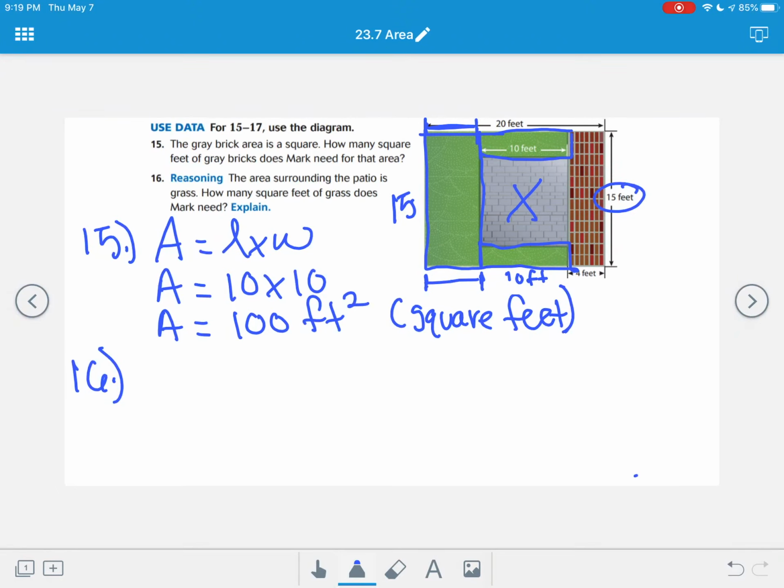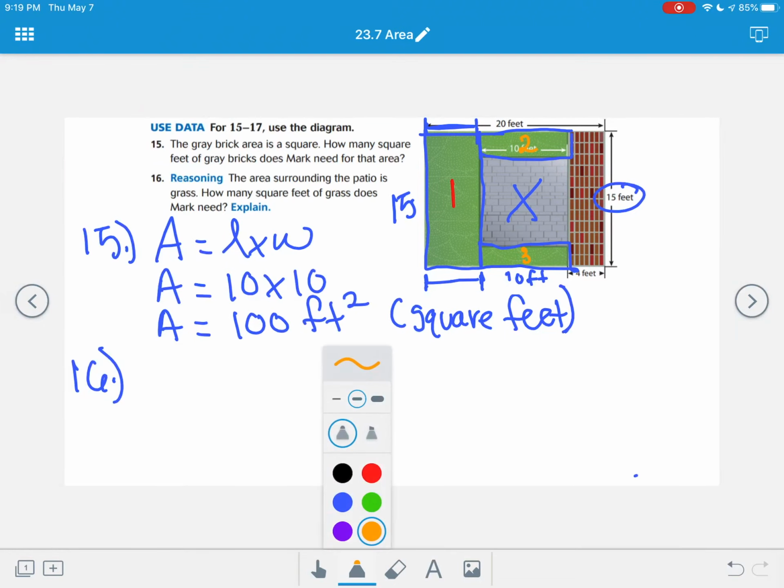So there are two ways to go about solving this problem. The first way is we could find the area for each of these three rectangles. We have this first biggest one. Then we have these two second and third smaller rectangles. So we could find the area for each of those rectangles and then add it all together to find the grass.